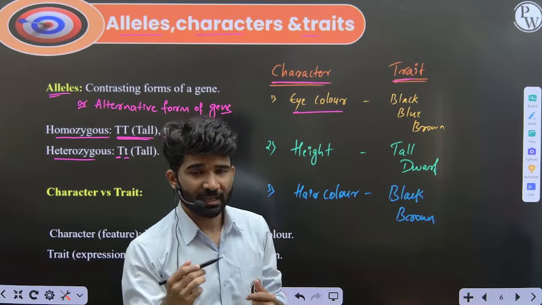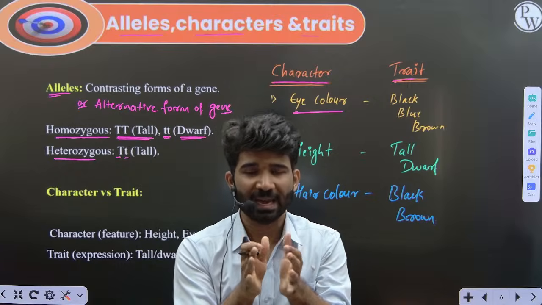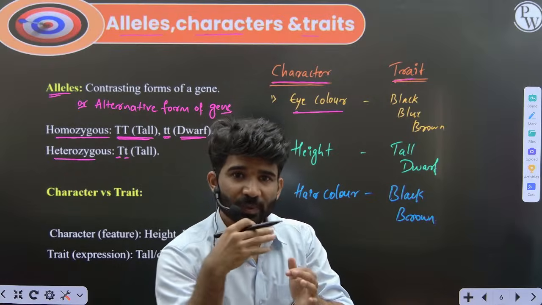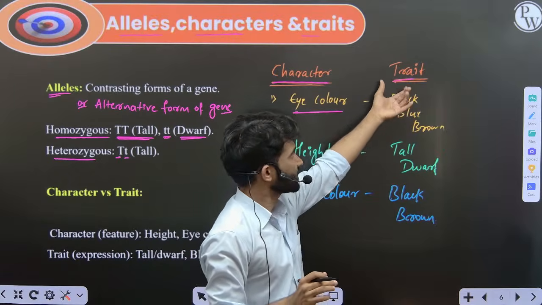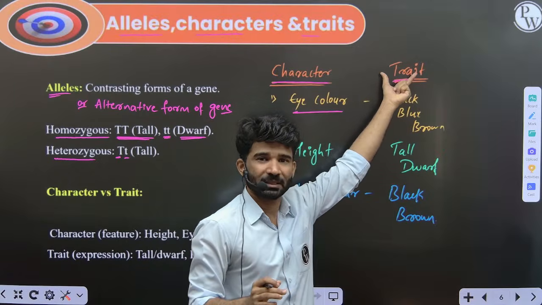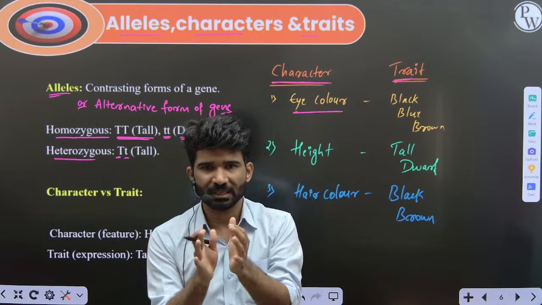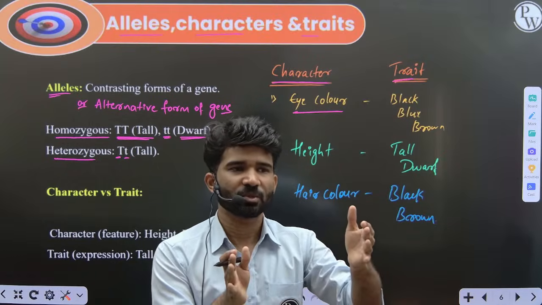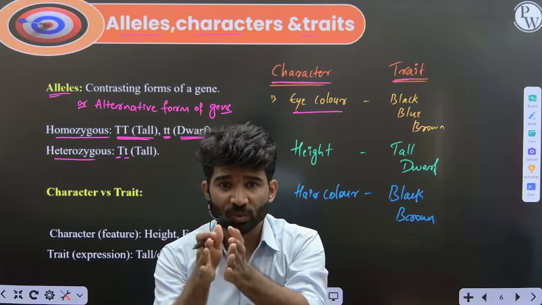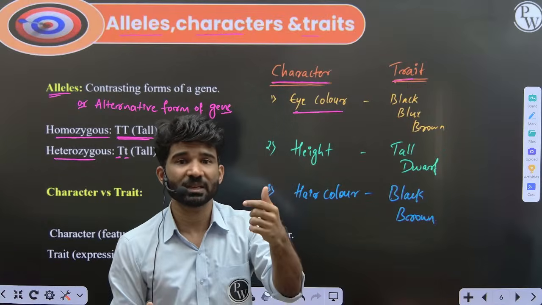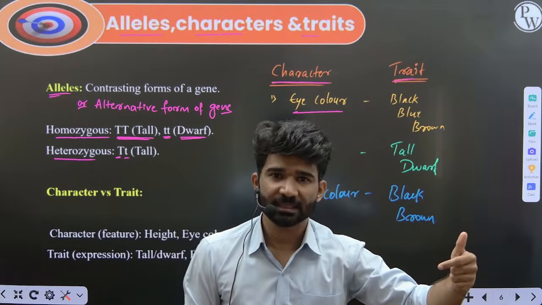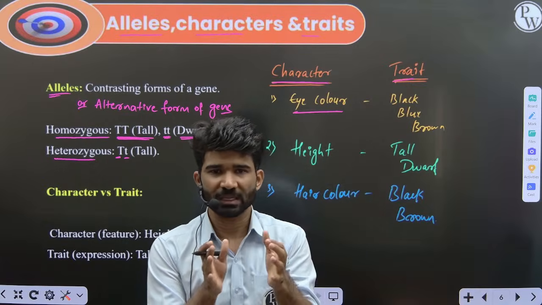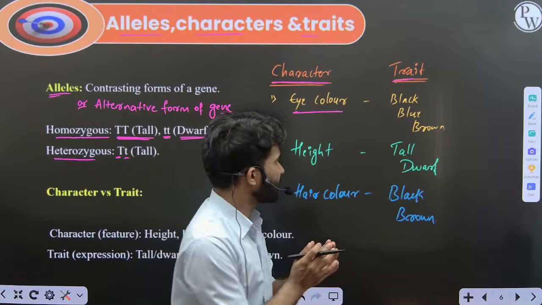Eye color is a character, and the expression of those characters in the organism is what we call the trait. Eye color is a character, and how the eye color is expressed in the organism is what we call a trait.